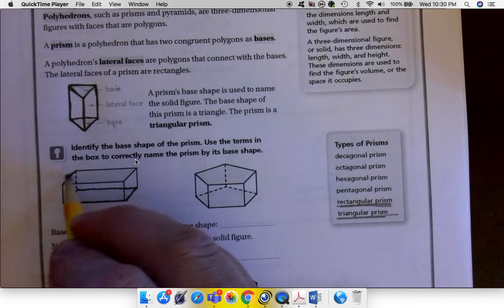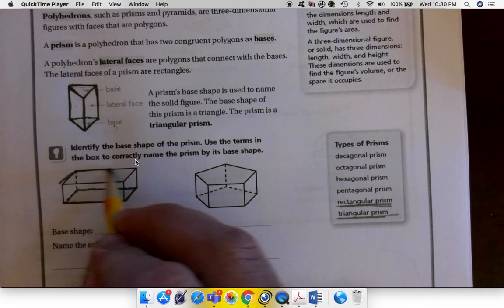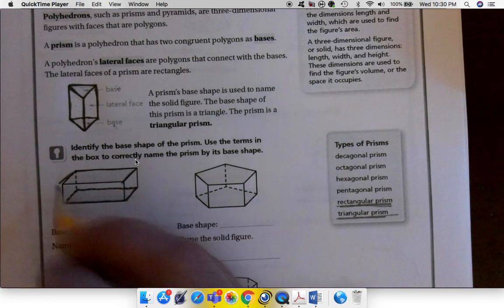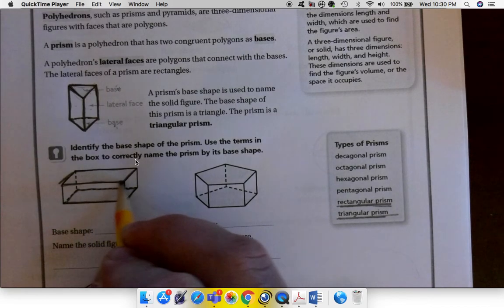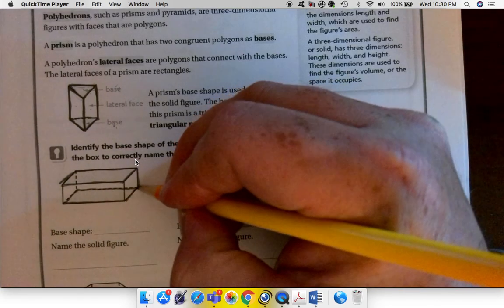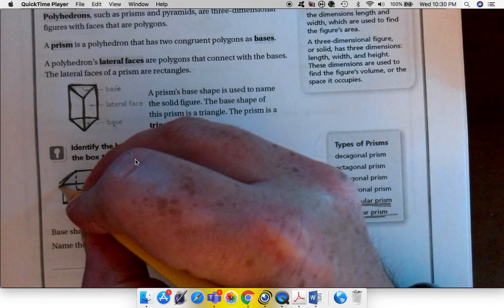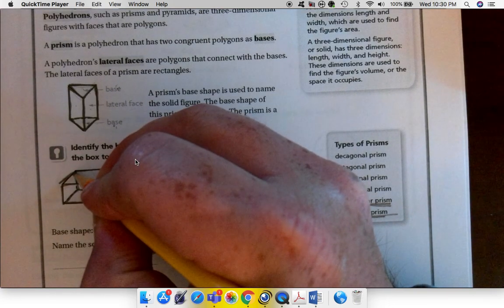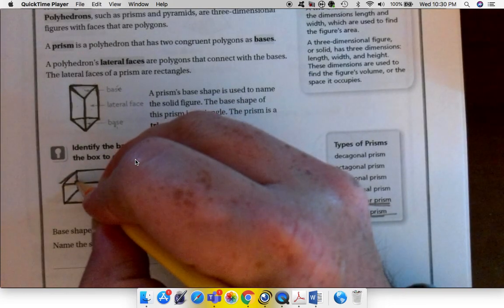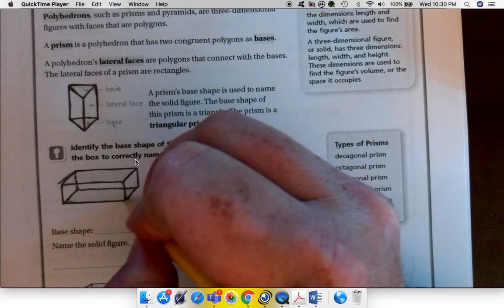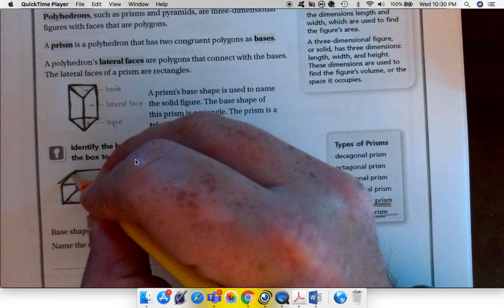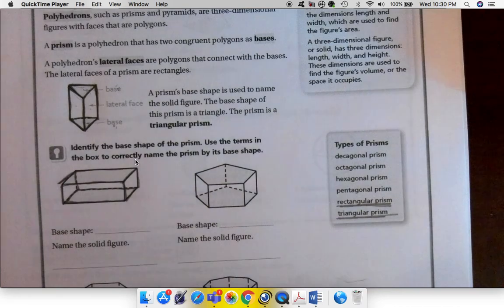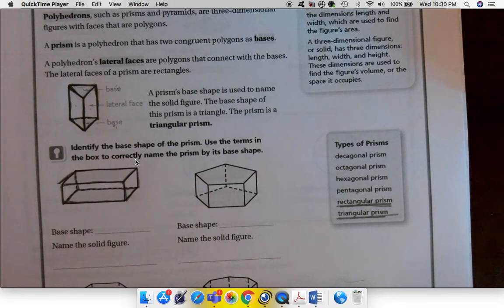I have a same size rectangle on the top. And I have one here, one in the front, one in the back. You can see all of them. Every shape I see is a rectangle.